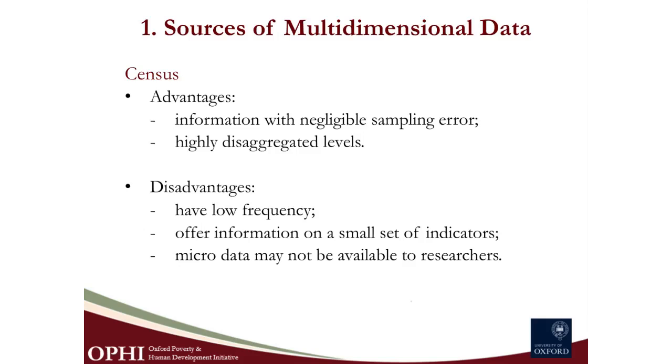And that's one of the main advantages when we use this kind of source of information. And also that we can go down and decompose by district or by subnational regions. Like we saw yesterday for the case of the SAMPI of South Africa, they are able to construct these maps and tables at the district level, something that is not usually possible with other sources of information because of the sample size.